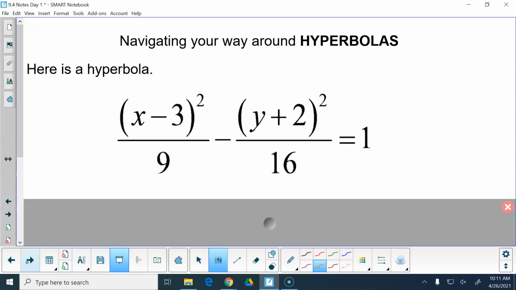So this is the hyperbola that I would like to graph. X minus 3 quantity squared over 9 minus y plus 2 quantity squared over 16 equals 1. So that's the hyperbola that we want to graph. The very first thing that we need to determine is which direction this graph opens.